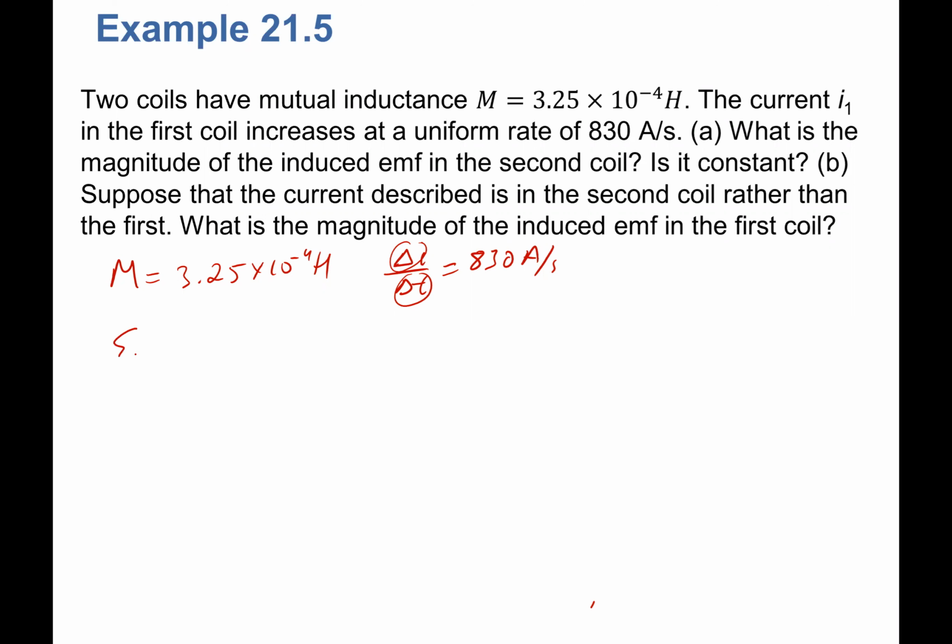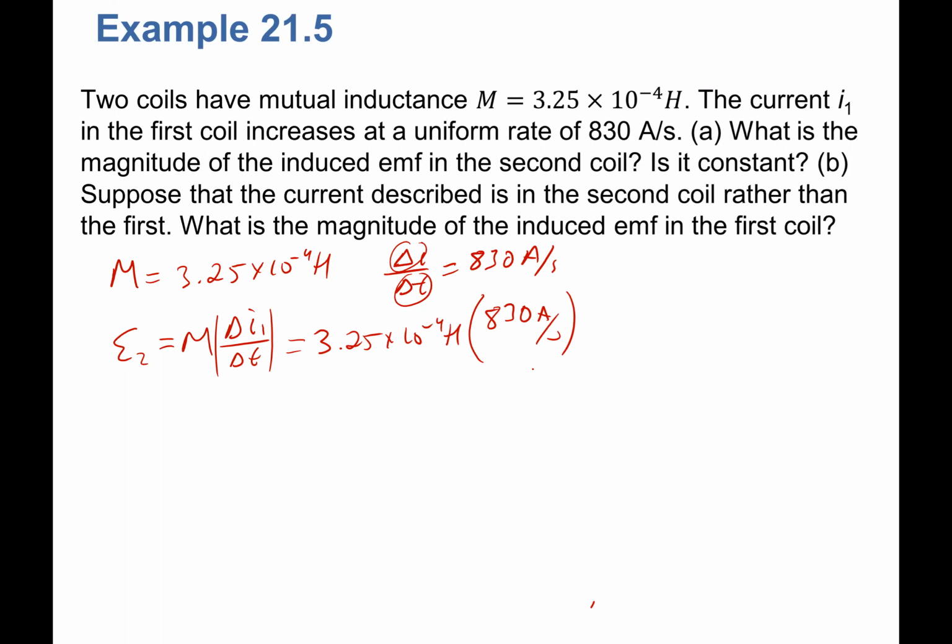Well, remember, I want to find EMF2. This is the mutual inductance, which is a constant, times the changing current in coil 1 as a function of time, which is 3.25 times 10 to the negative 4 Henry times 830 amps per second.